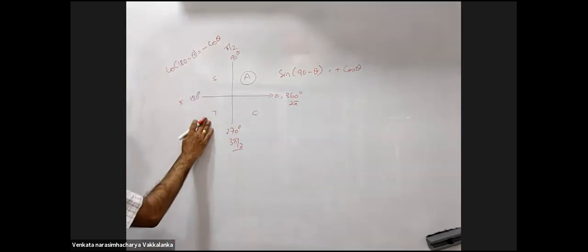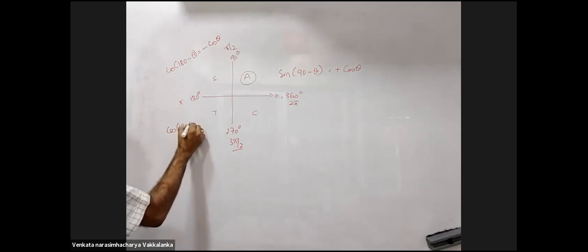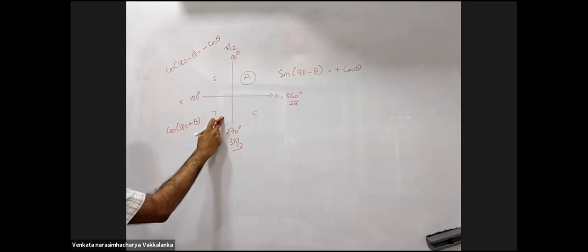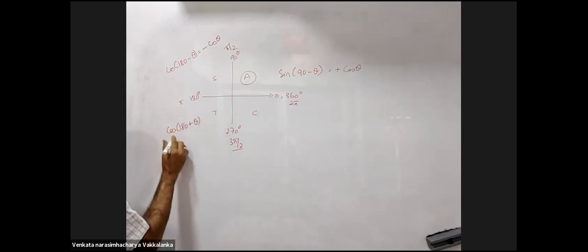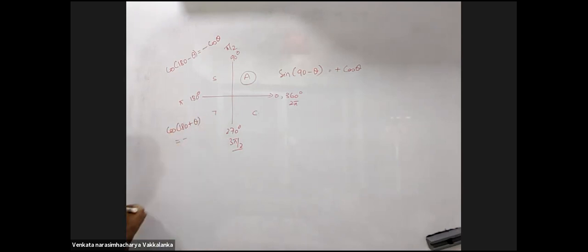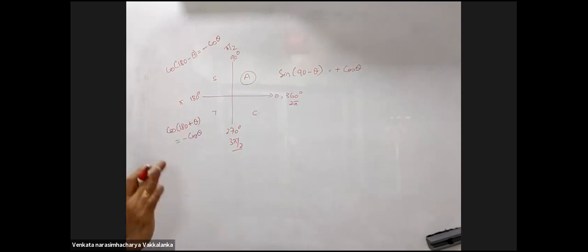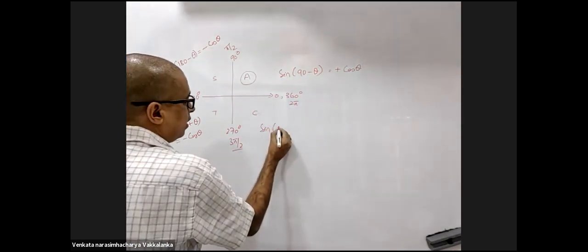Let me take an example here: cos 180 plus theta will come into the third quadrant. In the third quadrant, tan will be positive, so cos will become negative, cos theta. 180 will keep cos as cos, sin as sin.